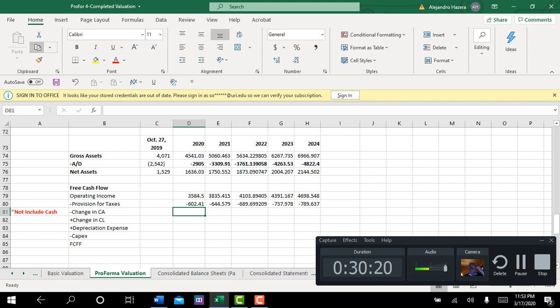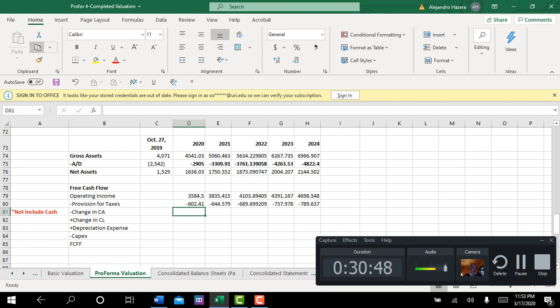That would give you the change in current assets. However, in this case we can't do that, because the total current asset line on the balance sheet includes cash. So we're going to have to do some sort of summing of things.